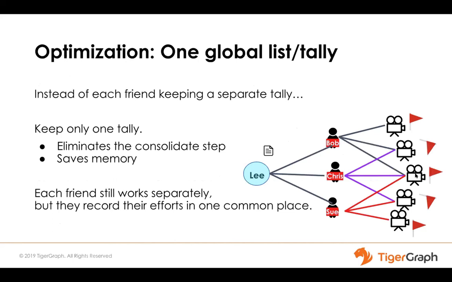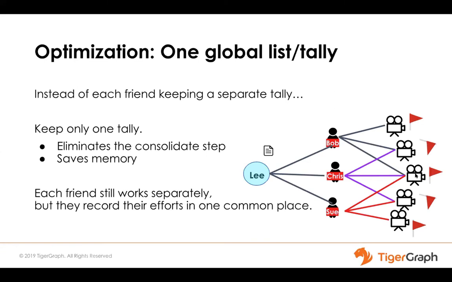Now, if you think about it, we could do a little bit of an optimization. We don't even really need those local accumulators for the initial tallies. We could just have one tally, right? Since I said they're accessible to everyone, when Bob is counting his movies, he could just record them directly on the global list or the global count. Chris could do the same.